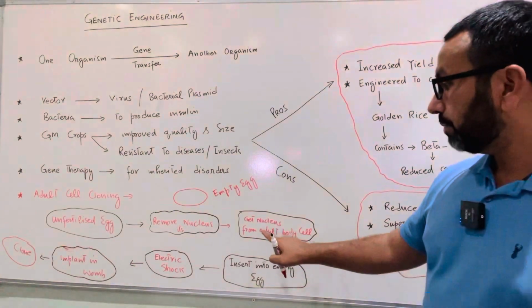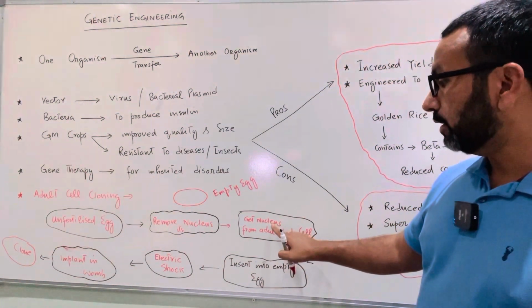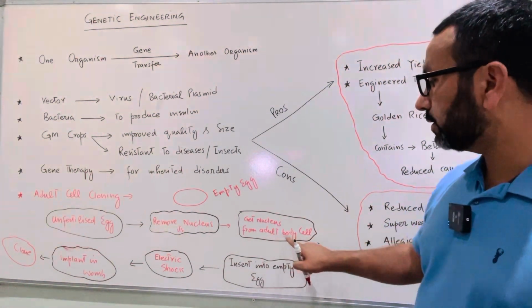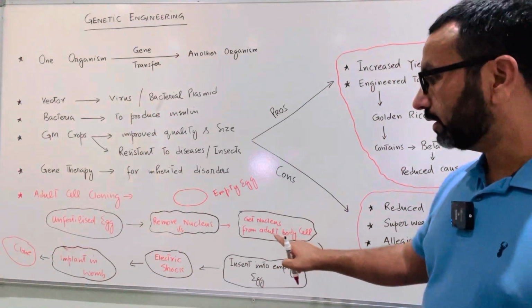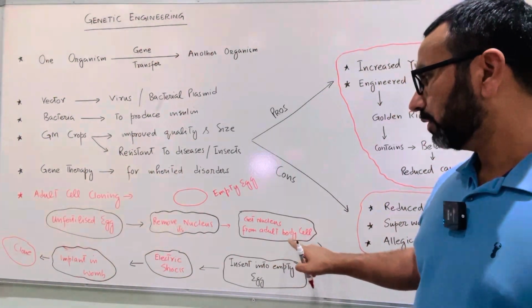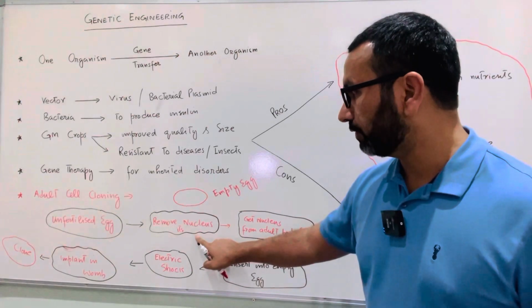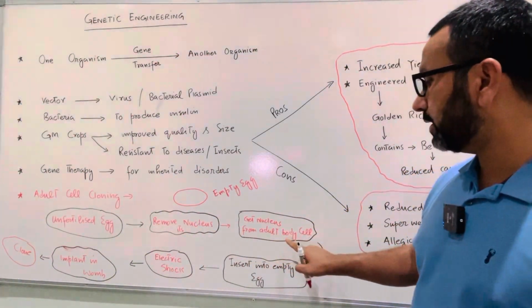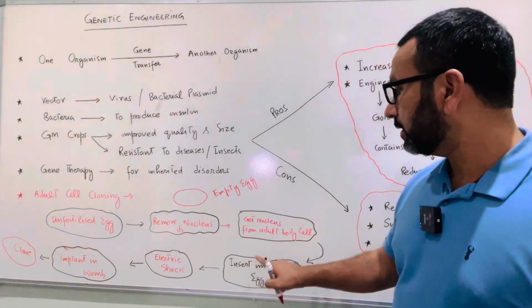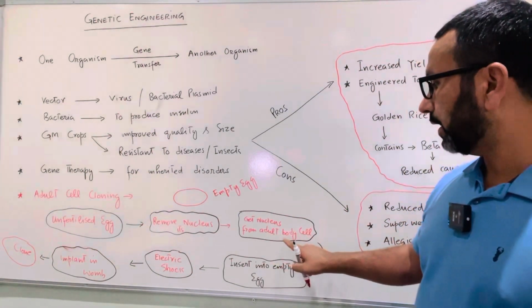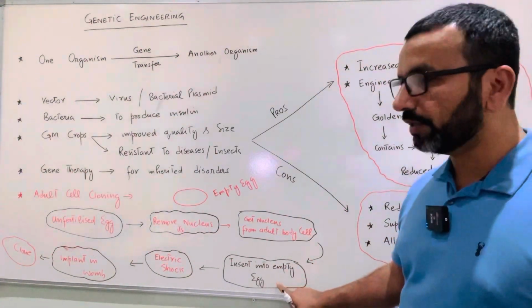On the next step we will get a nucleus from an adult body cell, and insert it into the empty egg.